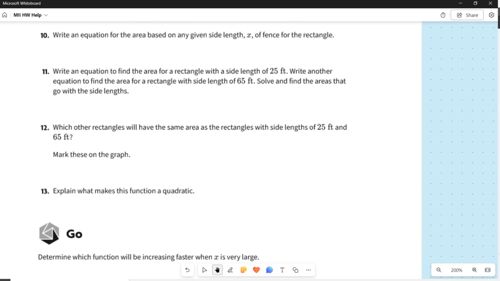Question 10. Write an equation for the area based on any given side length x of fence for the rectangle, on any given side length. So we want an equation here.